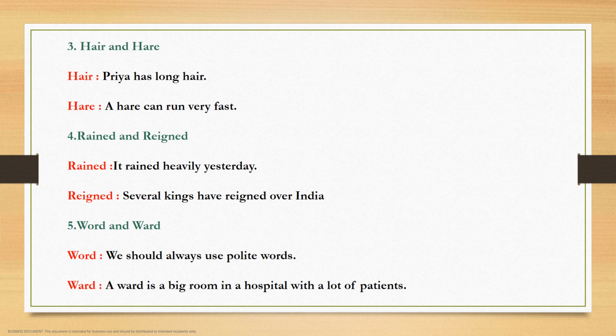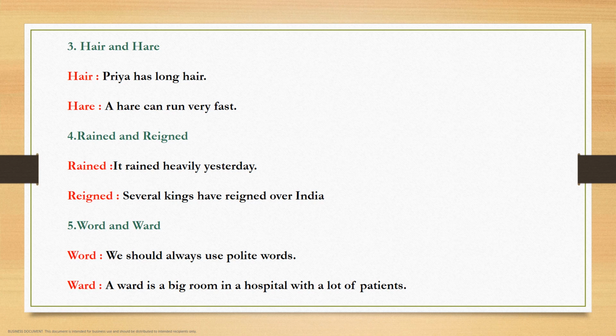I would also like to tell you here, the plural of hair is hair. It is not hairs. It is a very common mistake people do. They say, "Oh, I have a lot of hairs." No, it is never hairs. It is always hair. One hair or many hair, it is always hair. I hope you understood that.